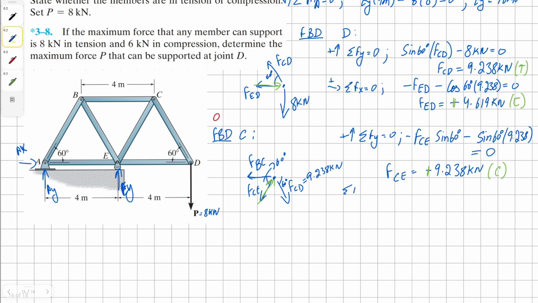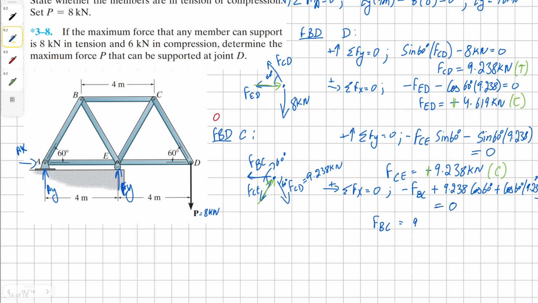Now we can sum the forces in the x direction to get our solution for member BC. We're going to have member BC in the negative direction, and then the positive horizontal component of FCE, which is simply 9.238 times cos 60, and then the horizontal component of CD, which is another cos 60 times 9.238, all equals 0.